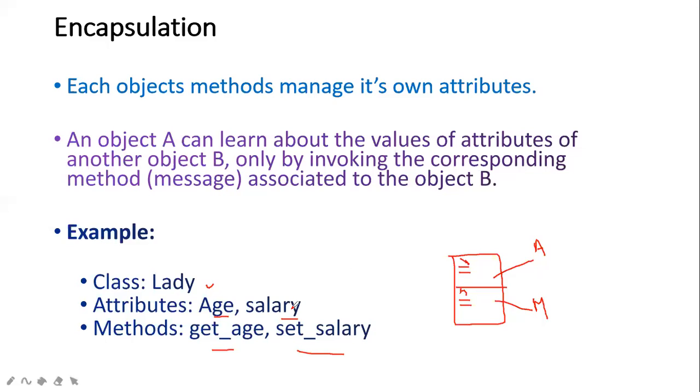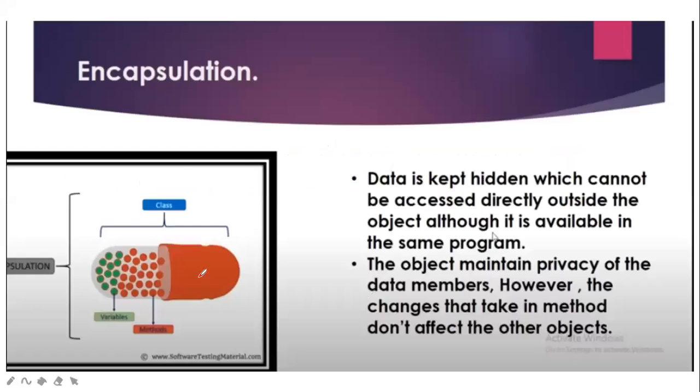This particular attribute and method, that is get age, set salary, age and salary, are being hidden from the outside world. Okay, so that is called encapsulation. Now this is a simple diagram which can help you to understand it in an easier way. It is just an example.